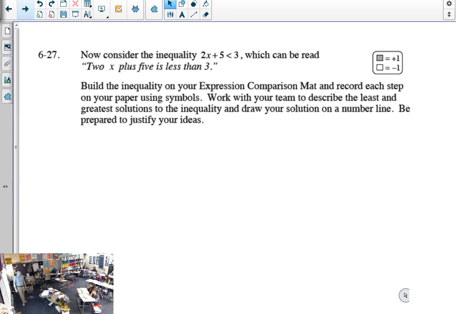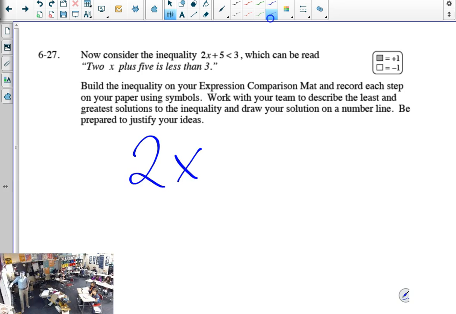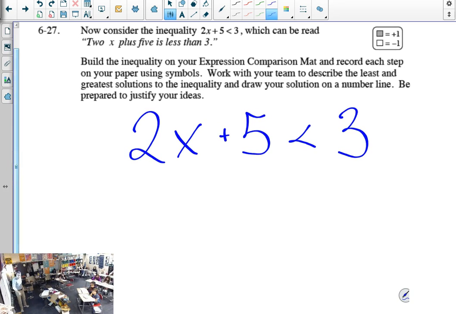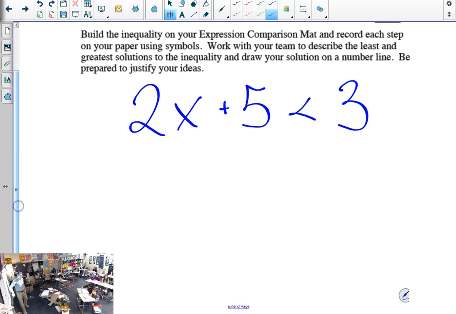So try this. Figure out what values for x make this true. And now I'm going to start writing all in one color and just putting my operations that I do on both sides in a different color to notate. Try this.